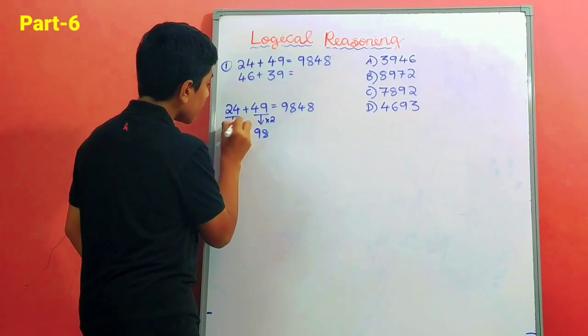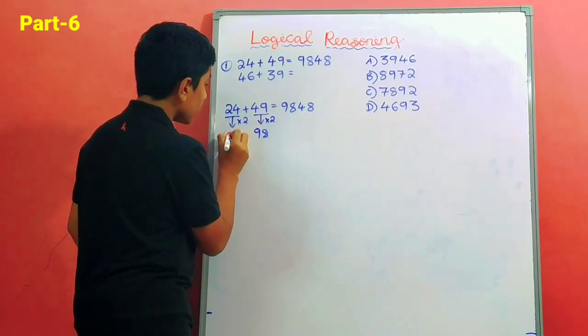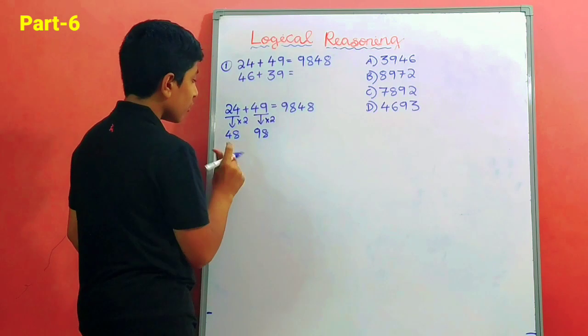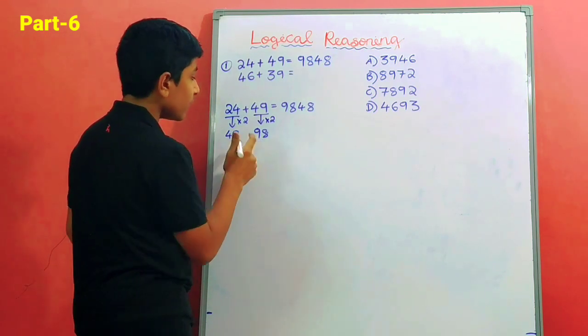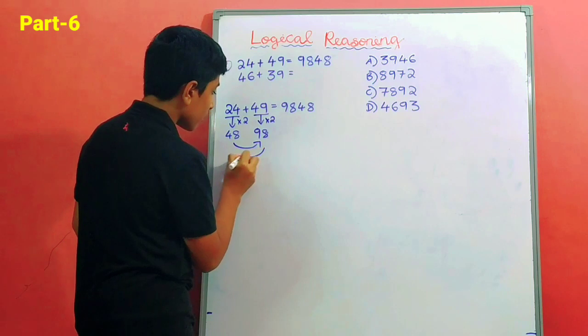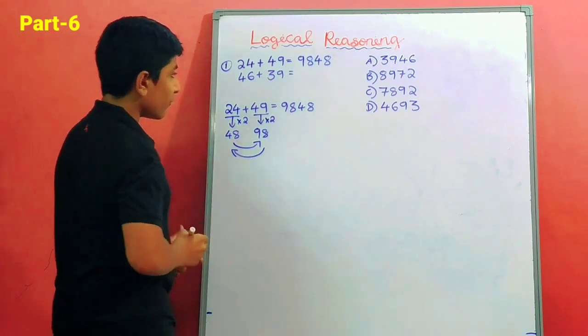We have 48 and 98. In the answer it has been reversed. So you have to reverse the answer after getting it.